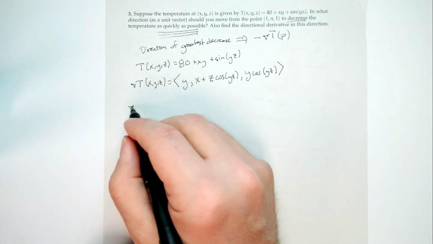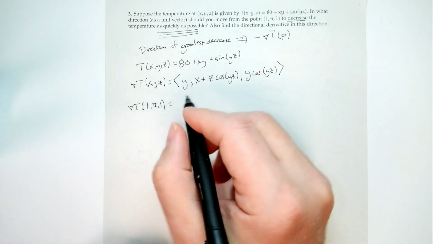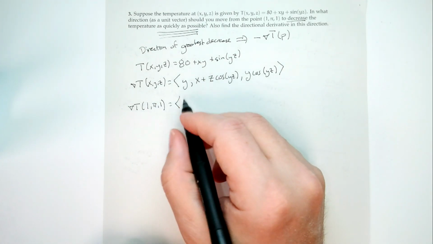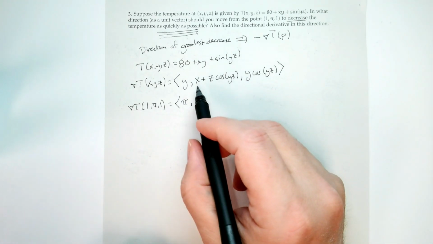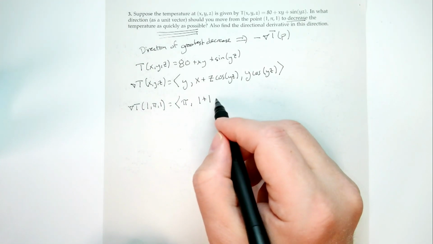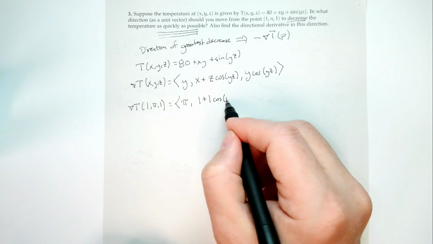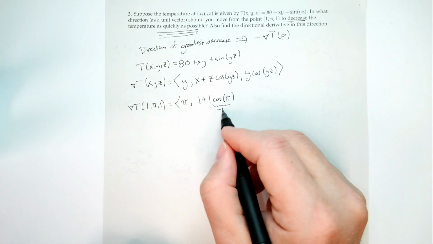Now, we plug in our point (1, pi, 1). We get what? Well, in the first slot we get pi. In the second slot we get, well, 1 plus 1 times cosine of pi. Well, wait a second. Cosine of pi, we know what that is. That's negative 1.